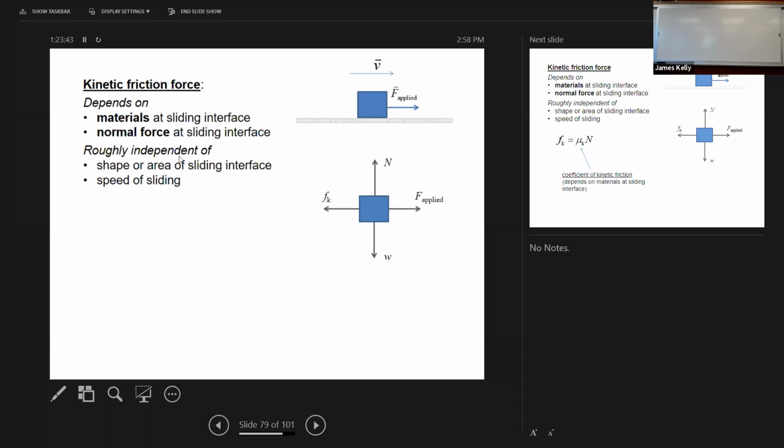The second pair of bullets here is not something absolute, but it's just a very rough and ready approximation to make our law simple. These are not things that are fundamentally true. It's sort of independent of the shape or the area of the sliding. The claim is, and several people asked questions about this in the read responses.